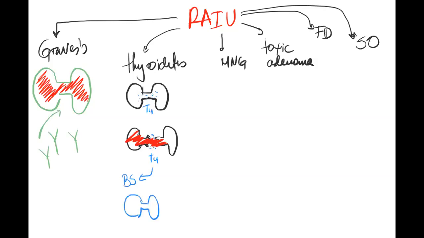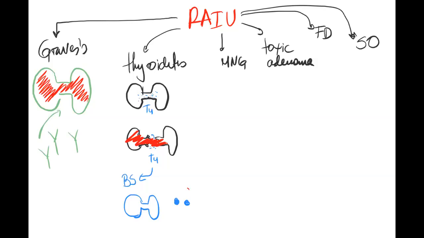But in the other situation, the patient can develop a necrosis of the thyroid tissue. In that situation, we call it Hashimoto's. At the end, Hashimoto's is the necrosis of the thyroid tissue secondary to an inflammation due to an infection.